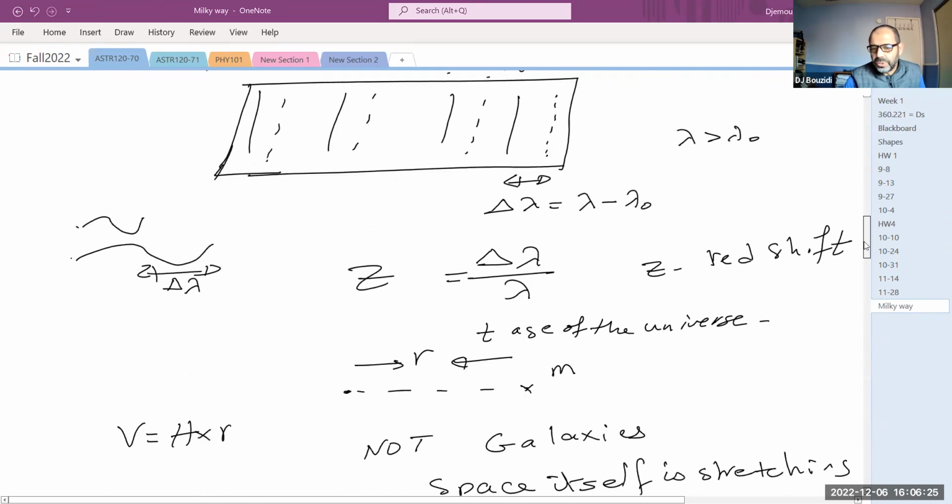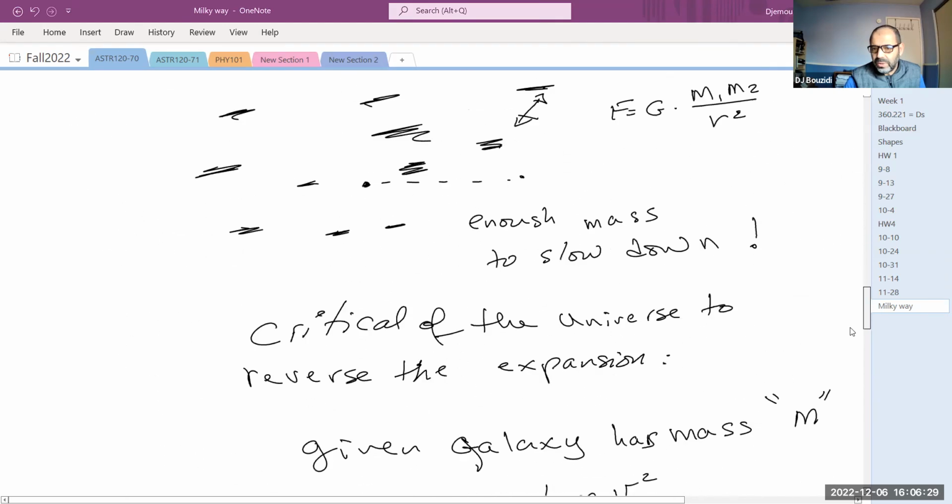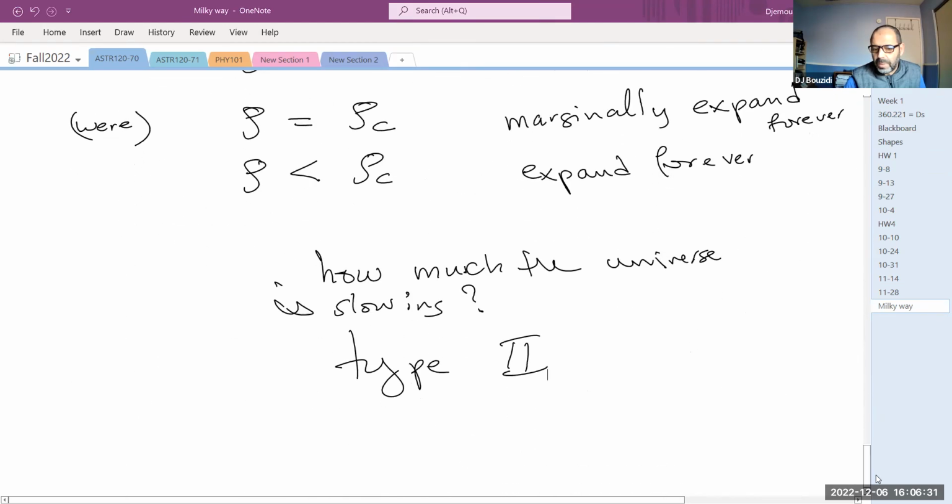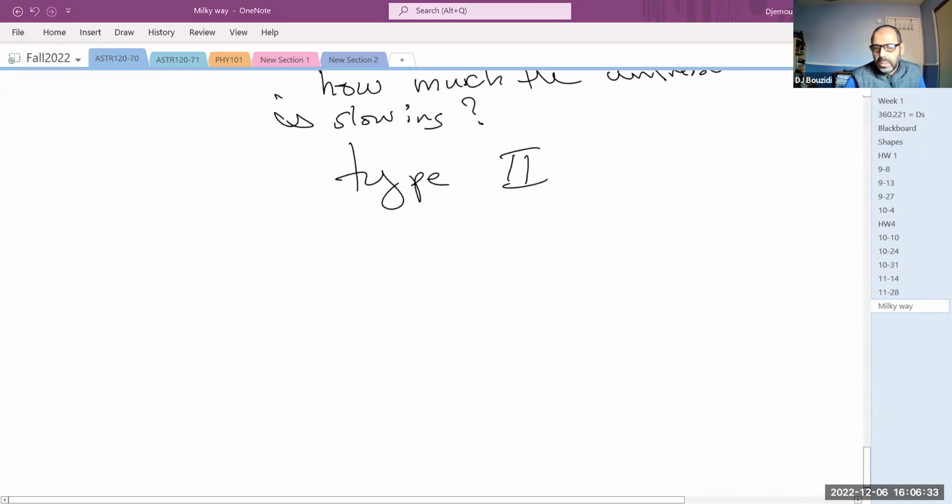Okay, and go back and measure this redshift, and now you can find the value of h, and you're going to be happy. You're going to know how much the universe is actually slowing down, to the surprise of everybody. They didn't find the universe is slowing down.